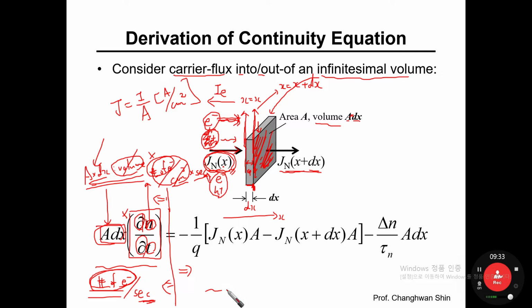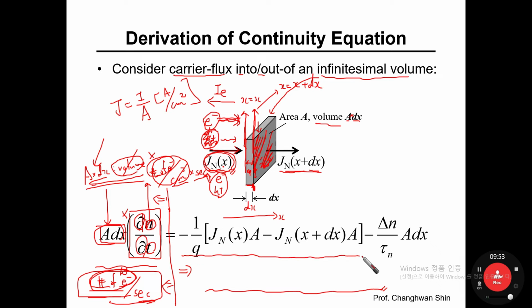Now, on the right hand side, we would like to write down some equation to get this unit, number of electrons or number of holes or number of carriers divided by time. What kind of things should we write down?